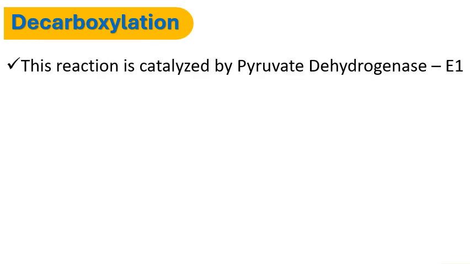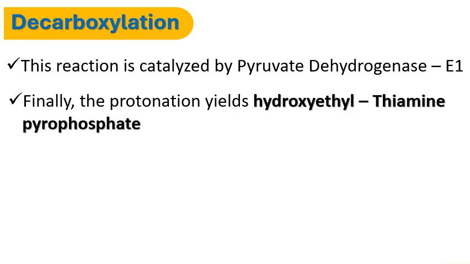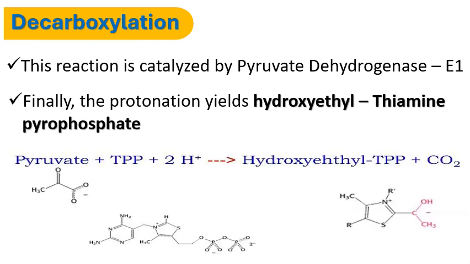This reaction is catalyzed by the E1. And remember that the cofactor, or coenzyme, for this E1 is thiamine pyrophosphate. So finally, the protonation yields hydroxyethyl thiamine pyrophosphate. So we are saying that pyruvate plus thiamine pyrophosphate, which is TPP, in the presence of a reducing agent, because addition of hydrogen is reduction, okay?